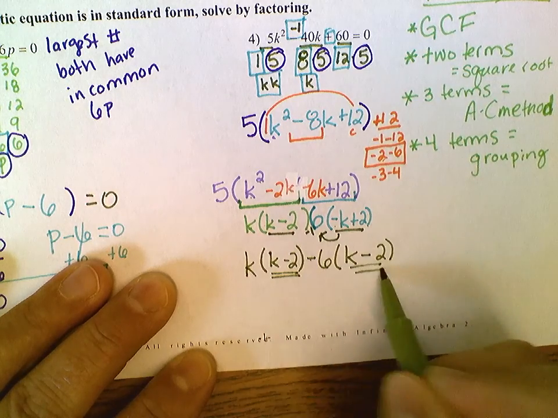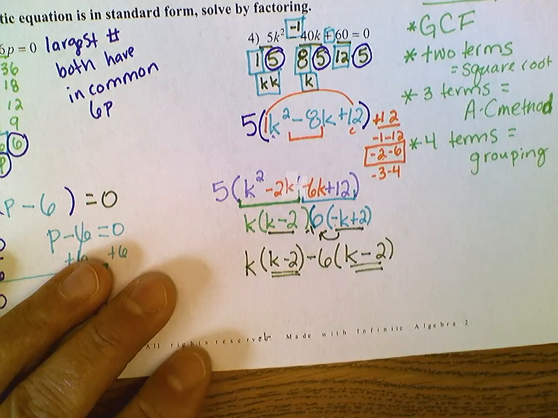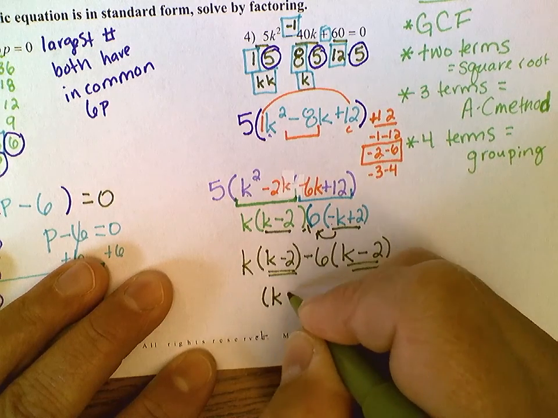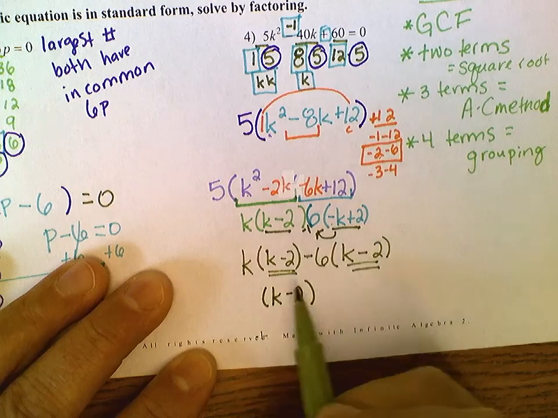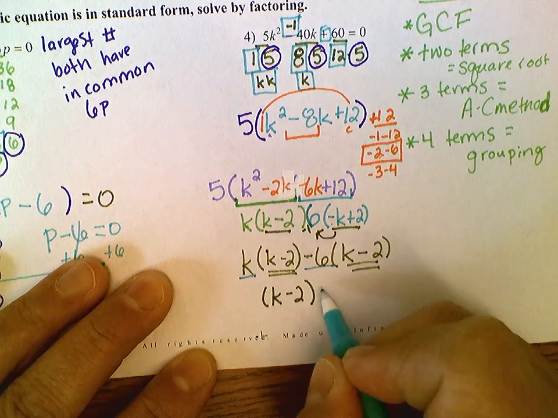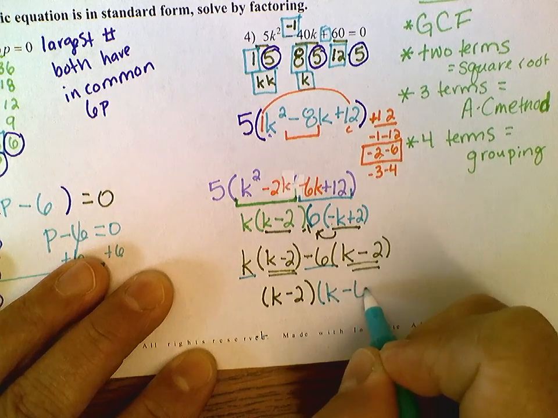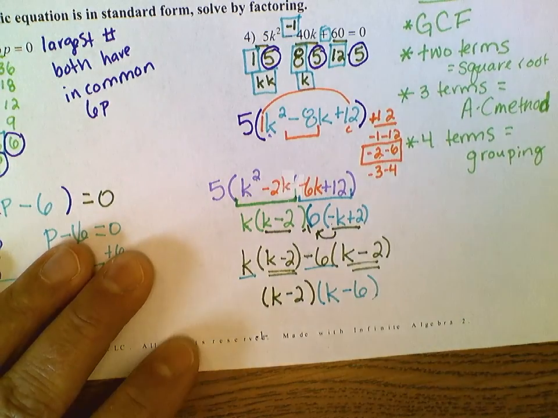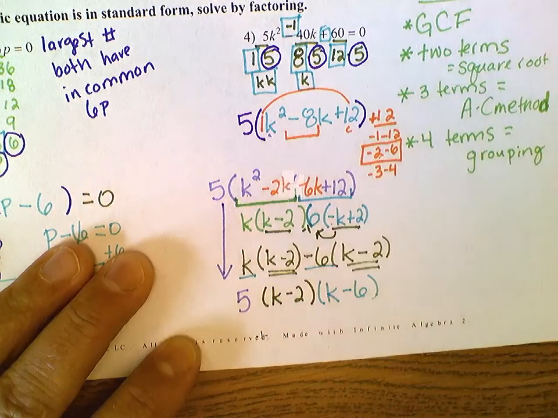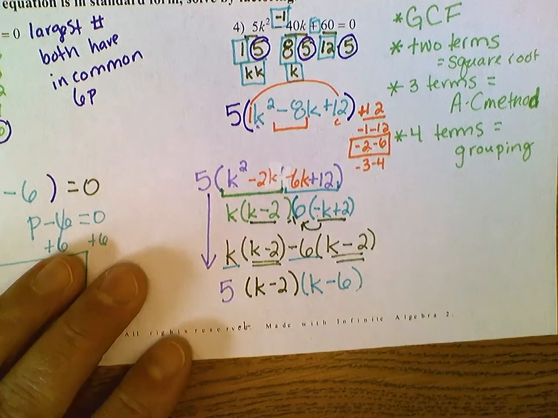So now I have the two binomials that should be the same. So that's another common factor that I can factor out. And when I do that, that leaves me with k minus 6. And please do not forget the 5 that we originally factored out.